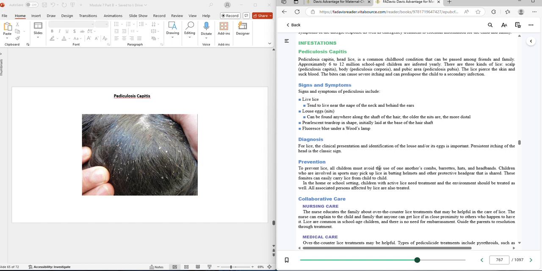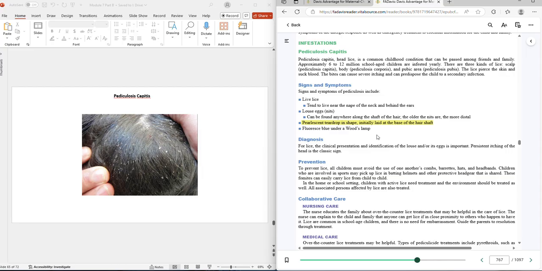So on page 768 at the very top, it's describing some things that you need to know, and it's right here. You have that pearlescent teardrop that's laid at the base of the hair shaft, and you can see those here, like a little pearlescent teardrop shape.